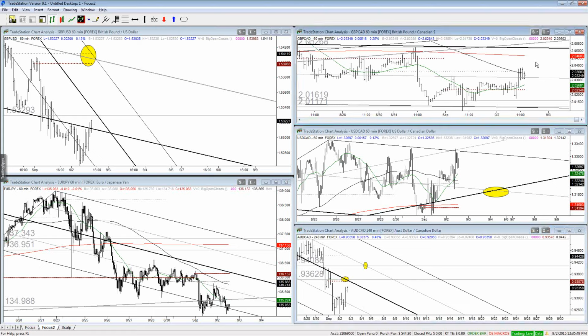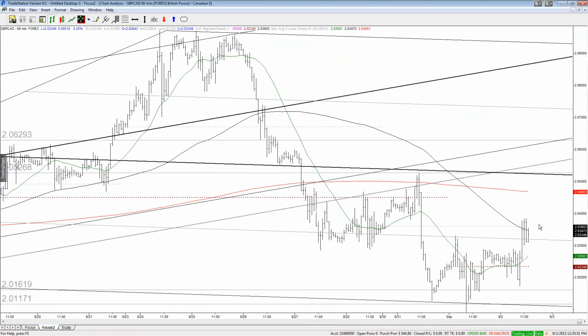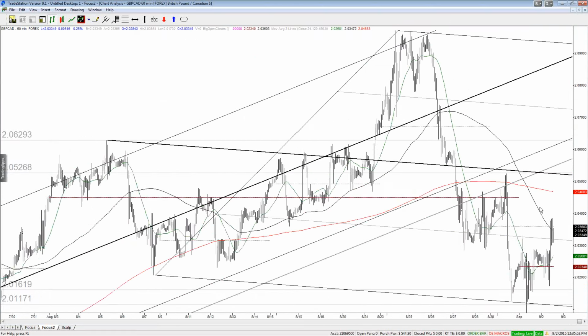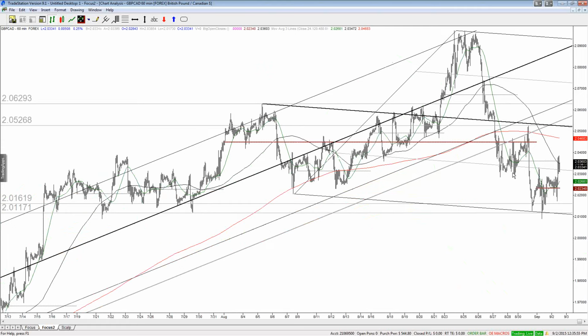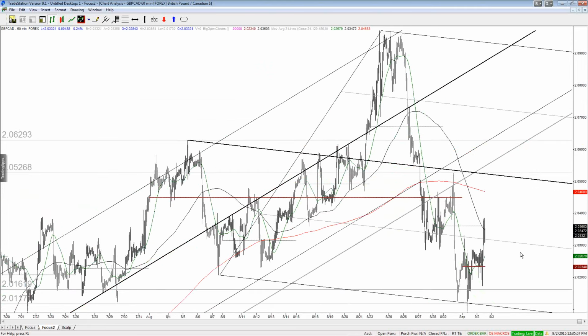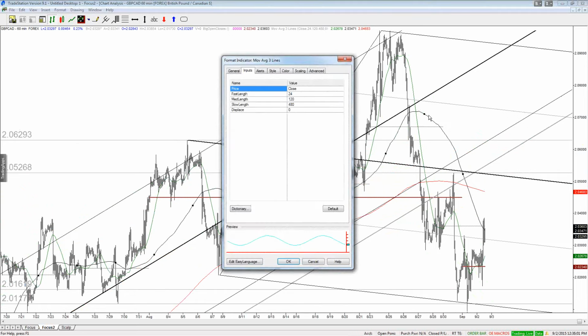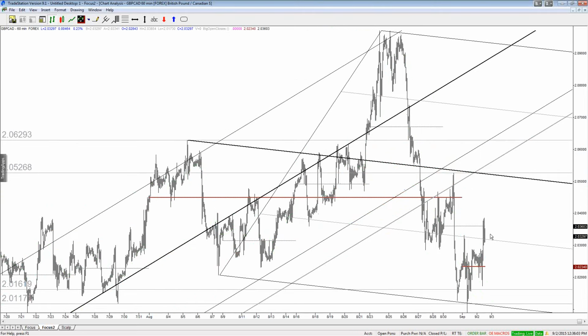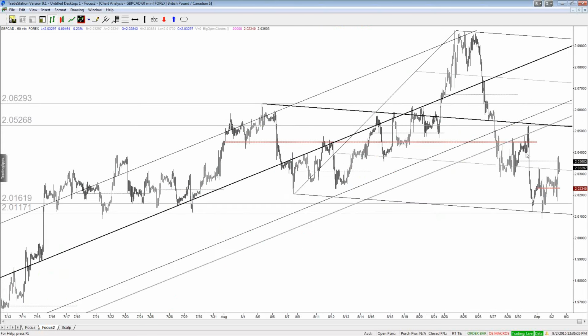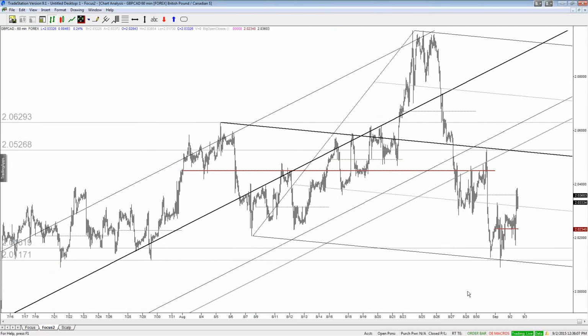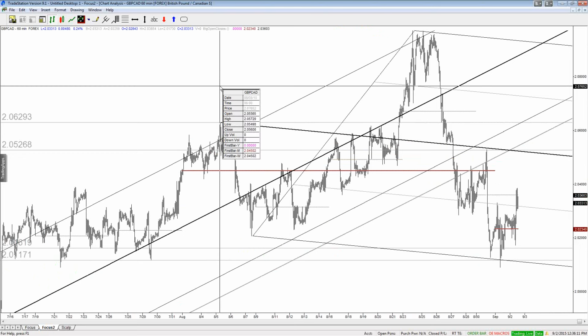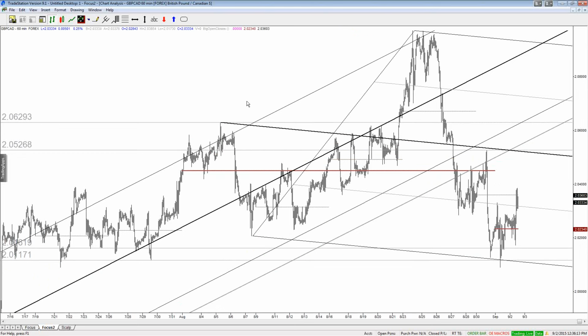Okay, pound CAD. So this one, I kind of envision it making its topping process here, basically since the beginning of August, over the last month or so.